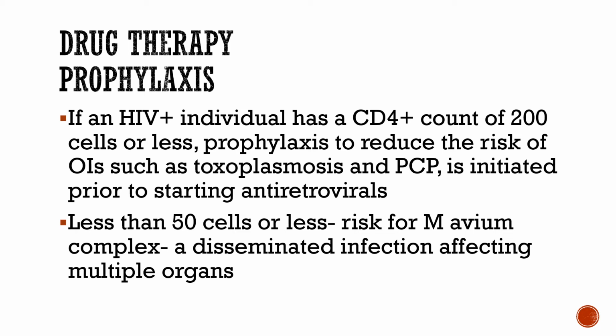So they will be treated prophylactically for toxoplasmosis and PCP before they start their ART medications. Less than 50 cells will constitute a risk for M. avium complex. M. avium complex is a disseminated infection affecting multiple organs.